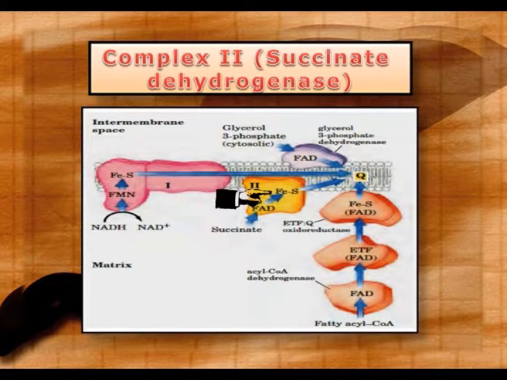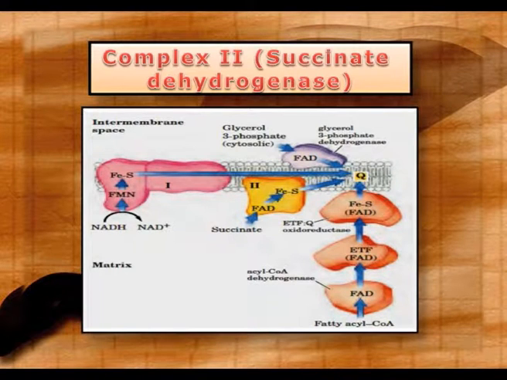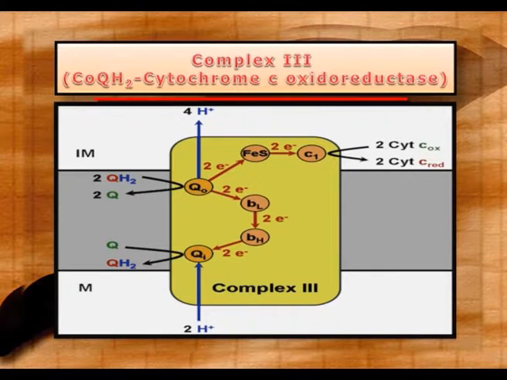From there, through the iron sulfur center, it goes to quinone or coenzyme Q. Electrons released during the beta oxidation of fatty acyl CoA also enter the electron transport chain via this complex 2. So coenzyme Q transports electrons from complex 1 to complex 3 and from complex 2 to complex 3. Complex 3 is called ubiquinol cytochrome C oxidoreductase.